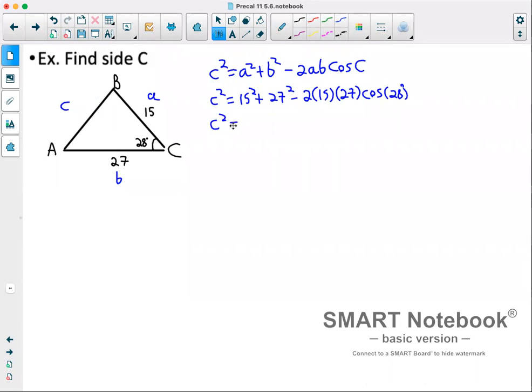So c squared is equal to 15 squared, which is 225, plus 27 squared, which is 729. And then negative 2 times 15 times 27 times cos of 28 gives us negative 715. We'll combine those together. So c squared is equal to 239. We then take the square root of both sides, and we get c is equal to 15.5.